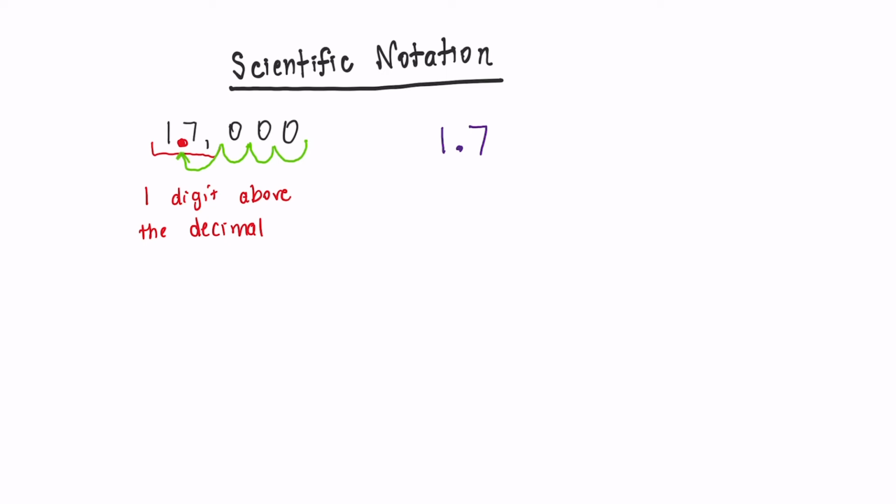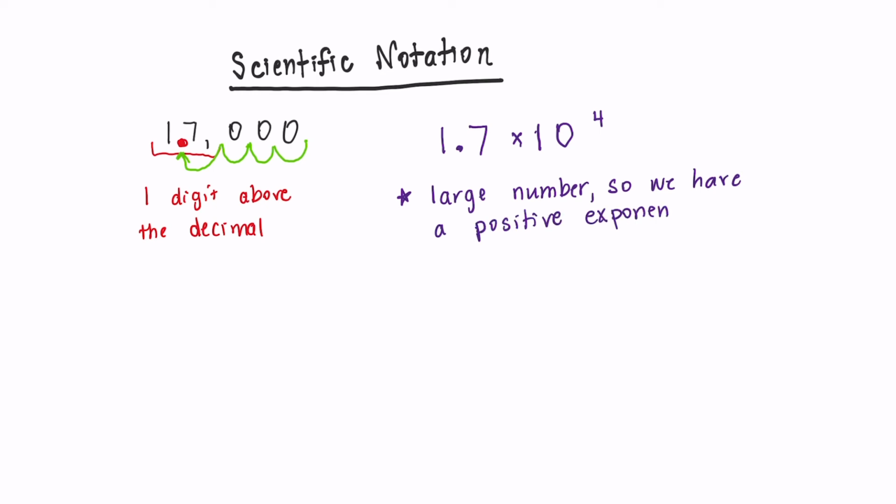In this case, we moved 4 decimal places to the left. So we're going to write times 10 to the power of 4. And since we have a large number, a number greater than 1, we're going to have a positive exponent. So 17,000 written in scientific notation is 1.7 times 10 to the 4.